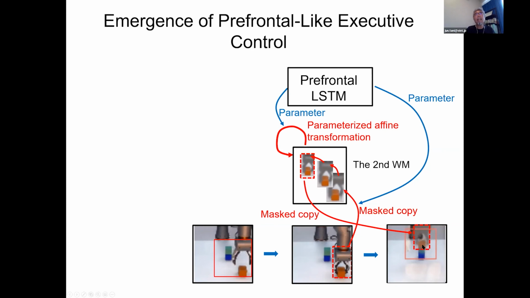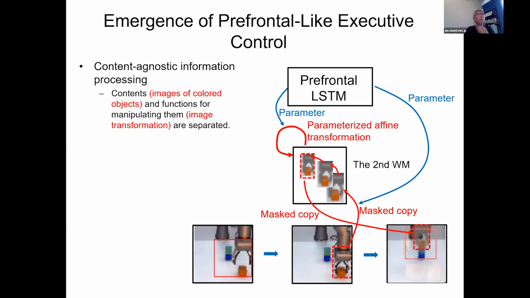The point is that the network can deal with this newly seen orange one because context-agnostic information processing is generally developed. The contents, that is the image of the colored objects, and the function for manipulating them, that is the image transformation, are separated in this model. So it is developed in that way.